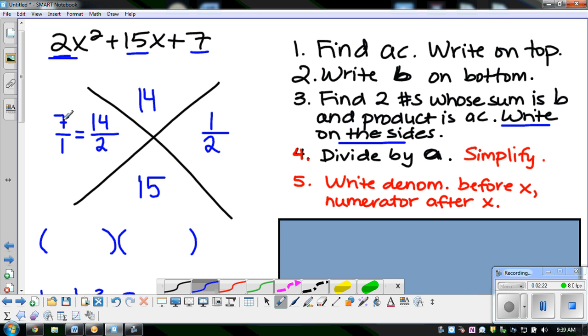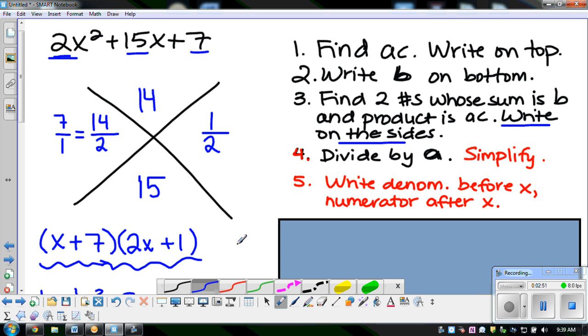So for this first one, 1X, denominator in front of X, and then the numerator after X, plus 7. Since it's not negative, we don't need to write a minus. It just becomes a plus. For the second side, it would be 2X, denominator in front of X, plus 1, the numerator goes after X. And if you double check this with the 6-step method, you do get the same solution.